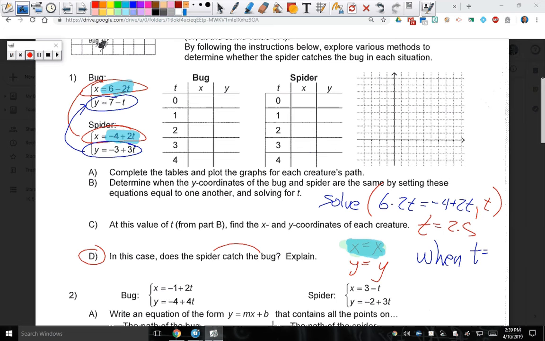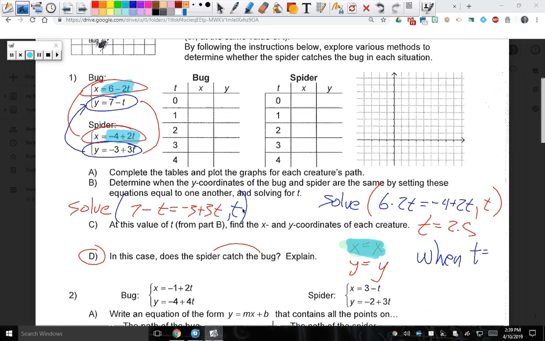Now I want you to do the same with the y. You'll do solve feature, okay, when 7 minus t is equal to negative 3 plus 3t, and then at the very end we'll do comma t, because that's what we're looking for. Okay? Tell me what you get, or actually I'll just do it.